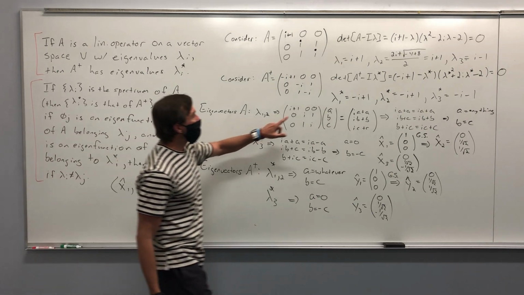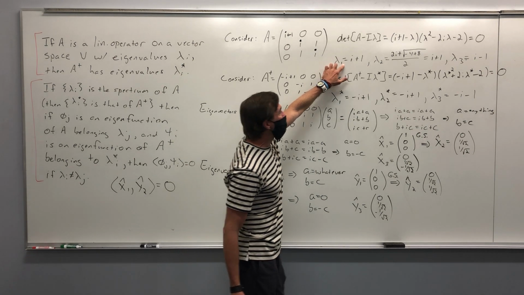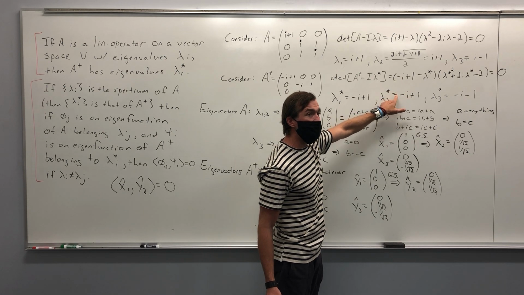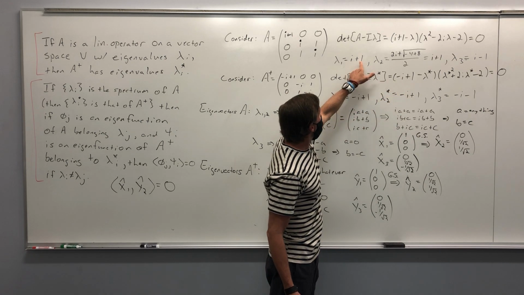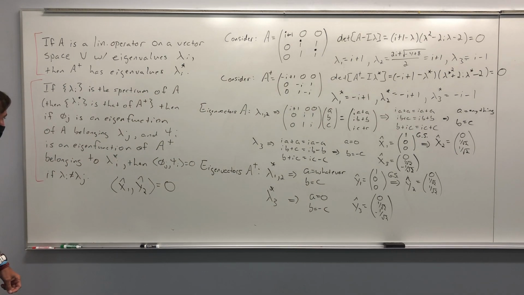Yes, because the lambda that underlies eigenvector 1 and the lambda that underlies eigenvector 2, that's the lambda, not the lambda star, so we star this back. Wait a minute, hold on. Oh yeah, they're different. Sorry, they're different.